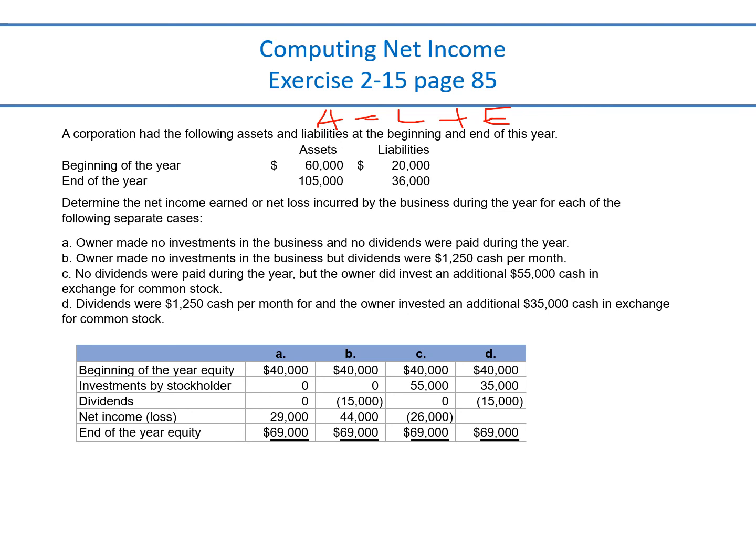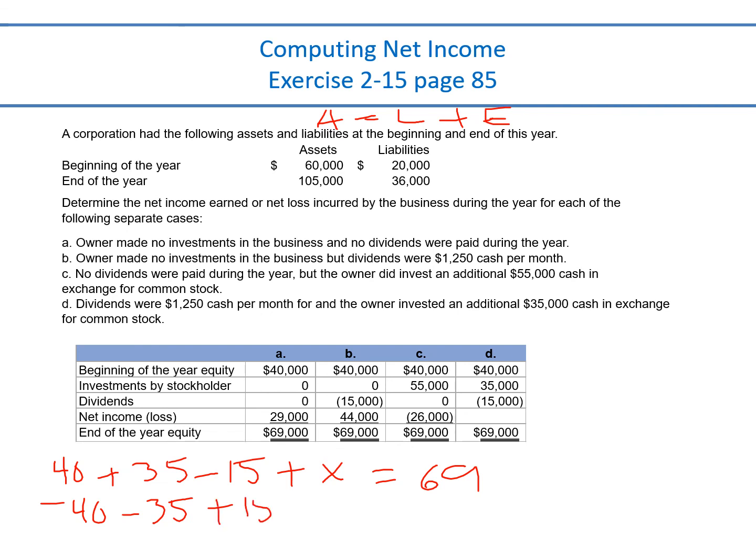And our new algebra problem is going to be 40 plus 35 minus 15 plus X equals 69, right? So if we subtract 40, we subtract 35, we add 15 to both sides.